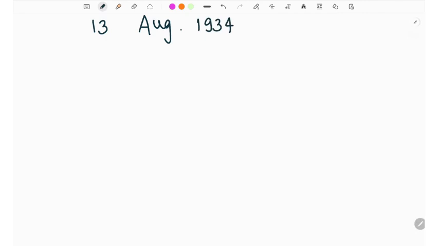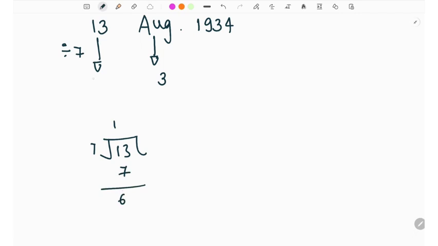If we look at the given year, it is not a leap year, it's a normal year. Why? Because 34 is not divisible by 4. So the code for August is 3. When I divide 13 by 7, I'll get the remainder, which is 6.